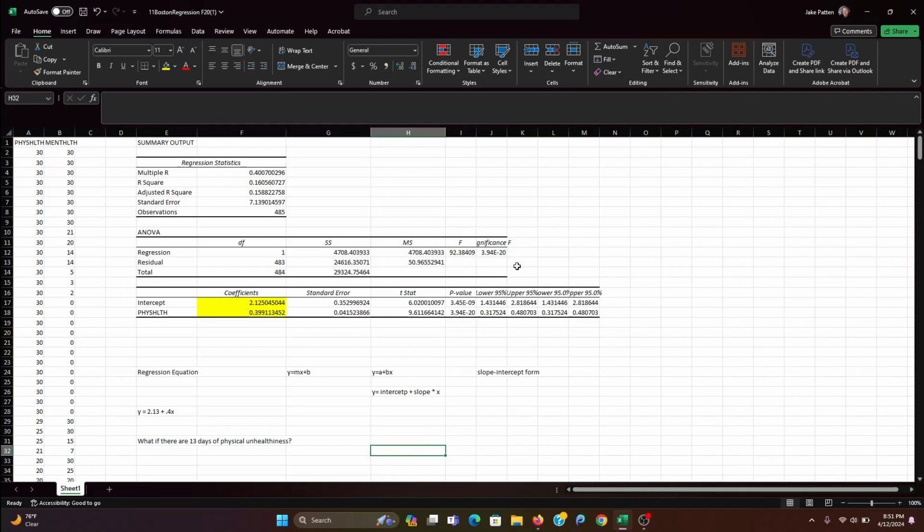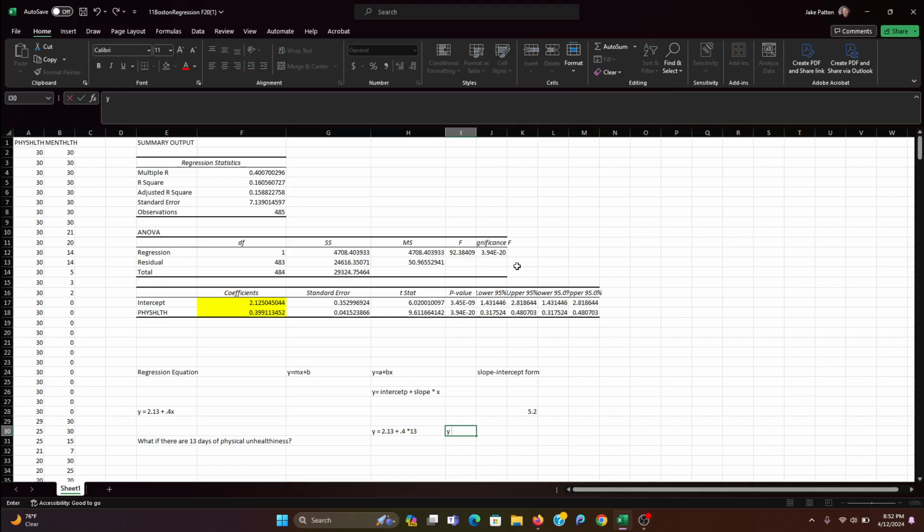Well, all you have to do is, if you're writing it out, you'd say y equals 2.13 plus 0.4 times 13. 0.4 times 13 is 5.2.